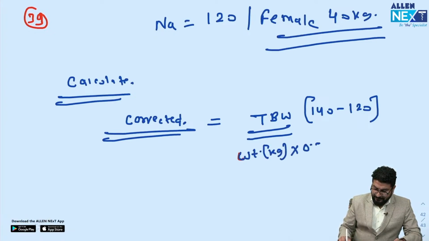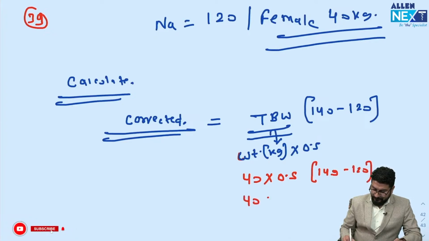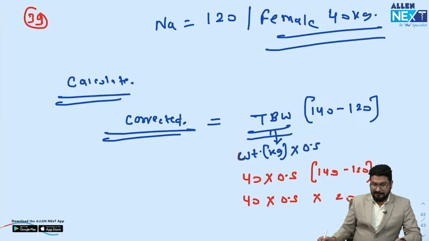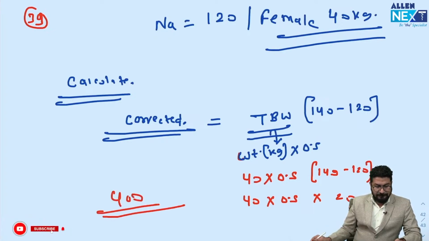The formula for total body water is weight in kg multiplied by 0.5 for a female, 0.6 for a male. So 40 into 0.5 becomes 20, and 140 minus 120 is 20. If you do this multiplication, it will be around 400. So the answer for correction of sodium, or the IV fluid that we should give, is 400 per day.